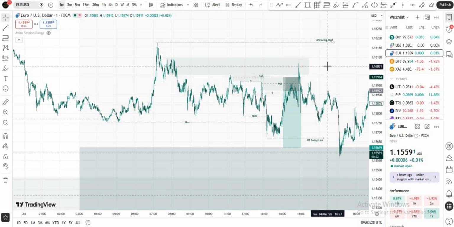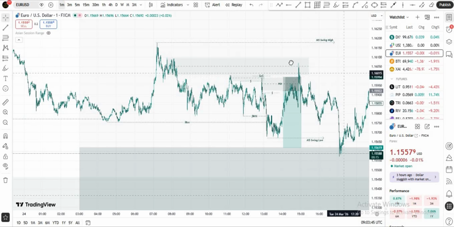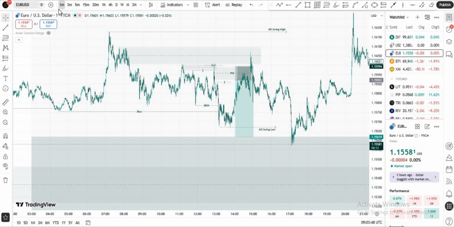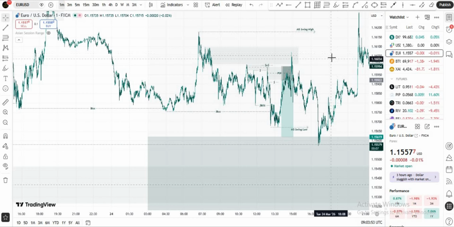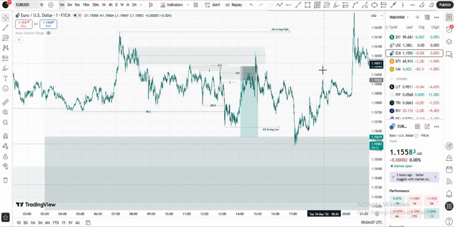I always start my day analysis on the 4 hour, the daily, sometimes weekly, to have a big view of what is happening before coming down to the medium time frame or the lower time frame, which is the 1 minute and the 5 minute time frame. The three structures I work within are the swing structure, the internal structure, and the fractal structure.